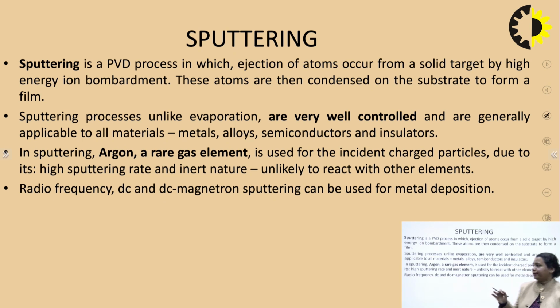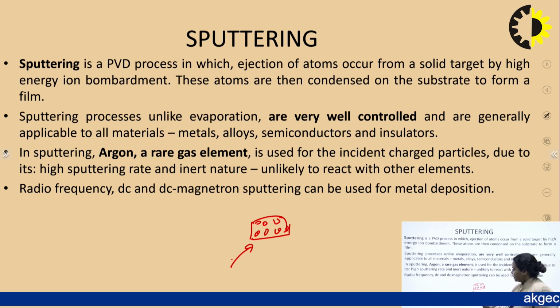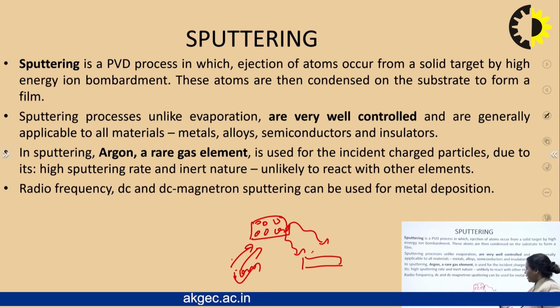On the source, some atoms are there, and you are bombarding it with high-energy ions. On bombardment, these atoms will come over your substrate and create a layer. So this is called sputtering.